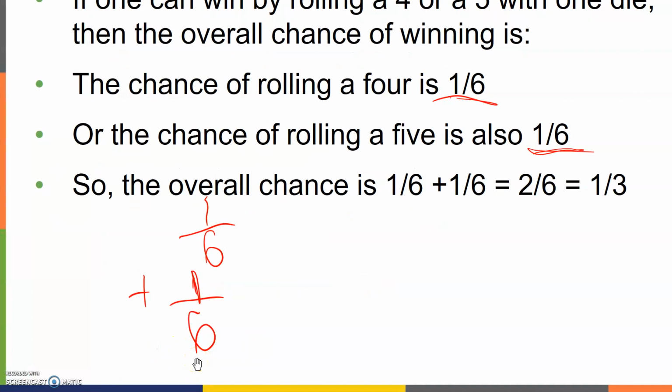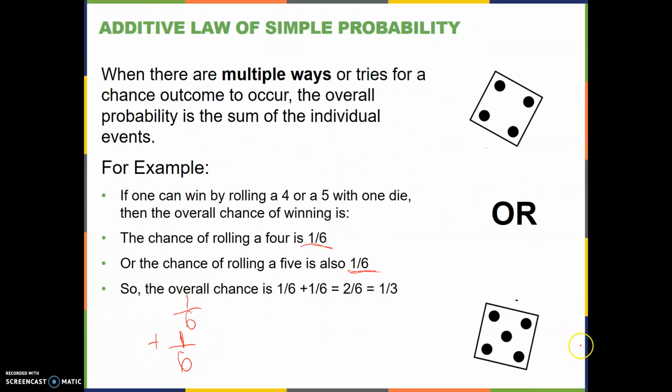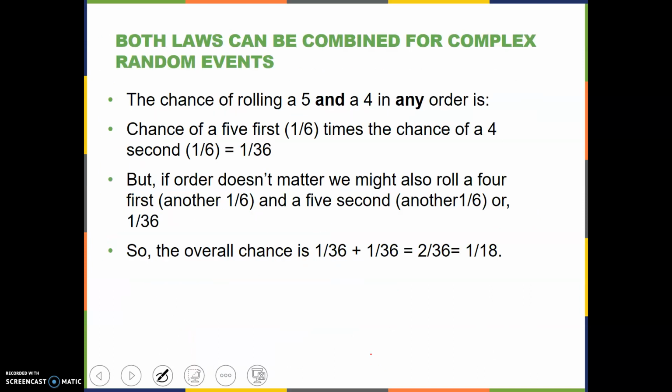Okay, so then you add the top two numbers, the numerators. So 1 plus 1 is 2, and so that's going to be 2 out of 6. And then you reduce that. 2 divided by 2 is 1, and 6 divided by 2 is 3. So you have 1/3 of a chance of rolling a 4 or a 5. That's the sum rule of probability.